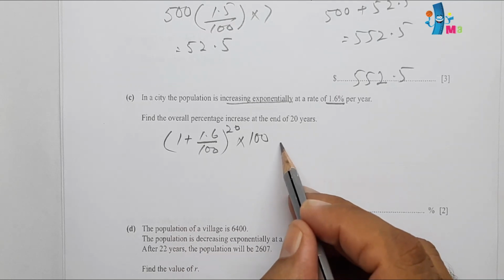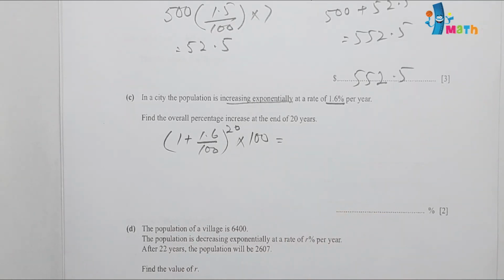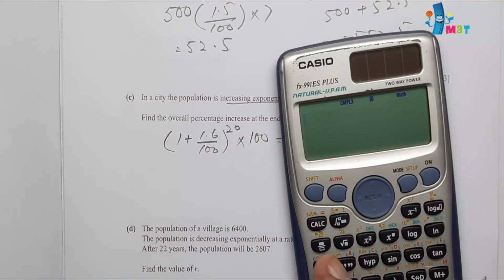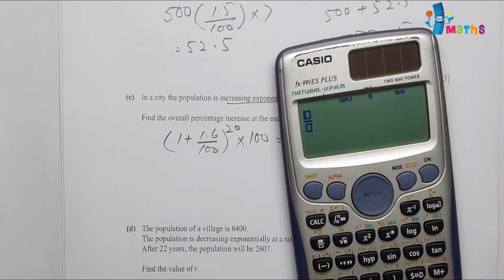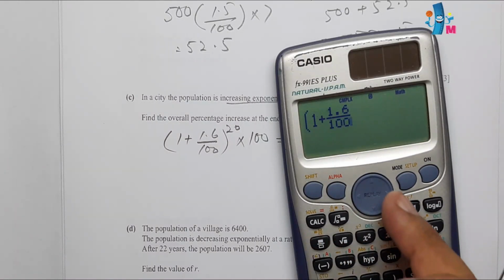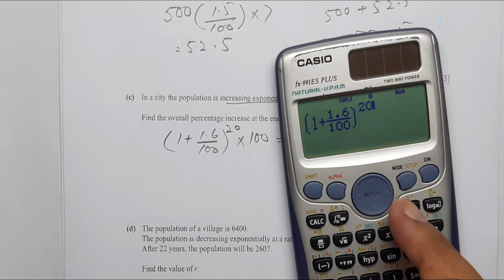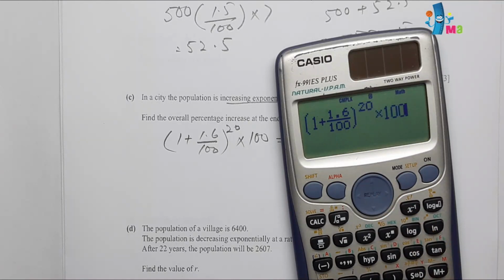If we calculate this with the calculator, we can use brackets: 1 plus 1.6 over 100, into this, power will be 20, and multiply by 100 will be equal to 137.4.